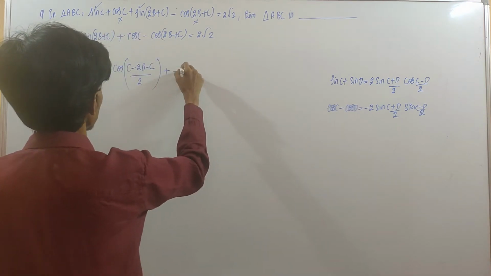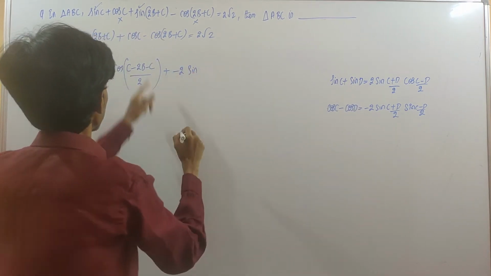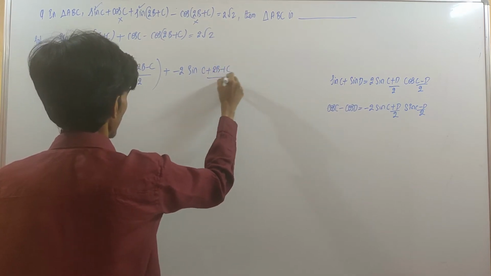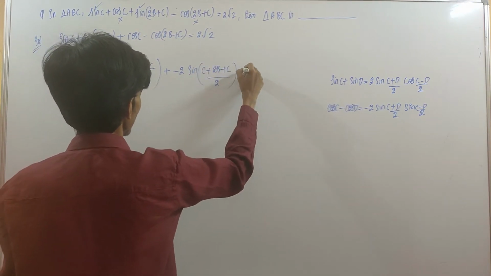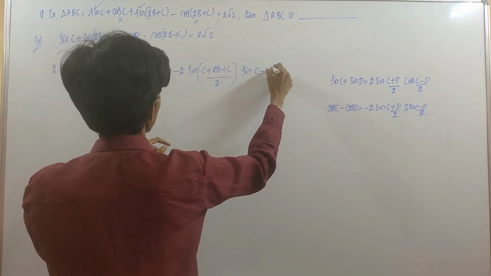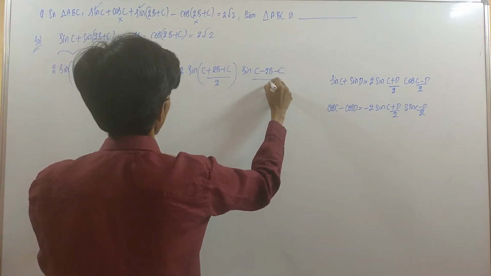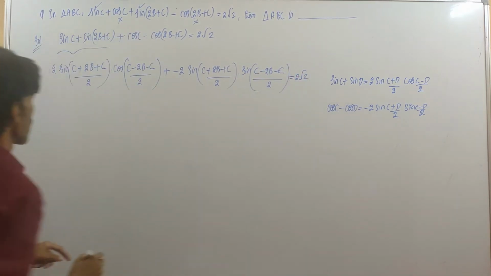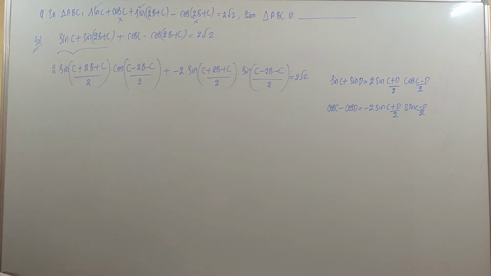So minus 2 sin, add these two, (C plus 2B plus C) by 2, into sin of the difference of these two, (C minus (2B plus C)) divided by 2, that is equals to 2 root 2. Now C plus C is 2C.